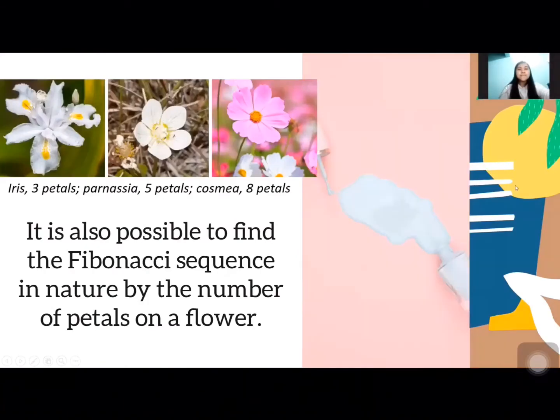It is also possible to find the Fibonacci sequence in nature in the numbers of petals of flowers. Iris, 3 petals; Parisia, 5 petals; and Cosmea, 8 petals.